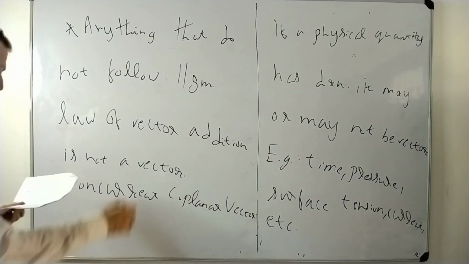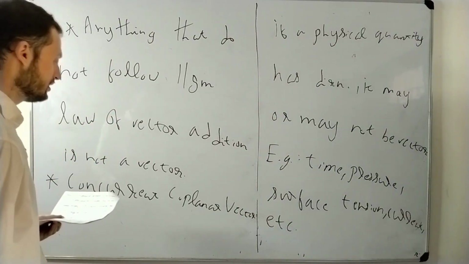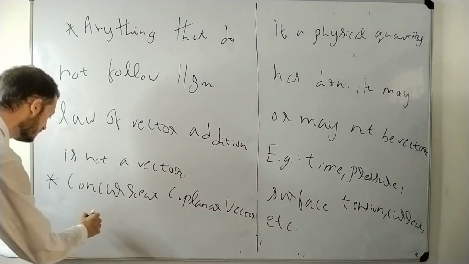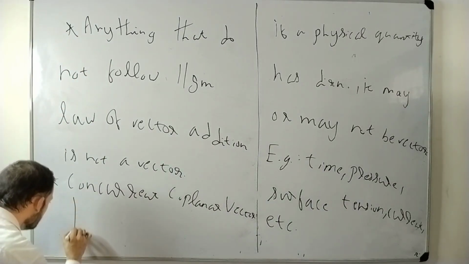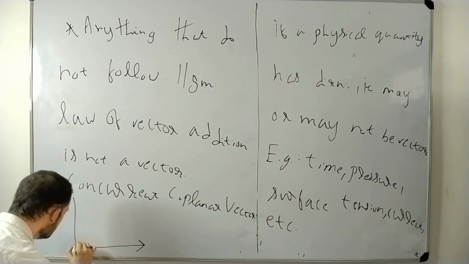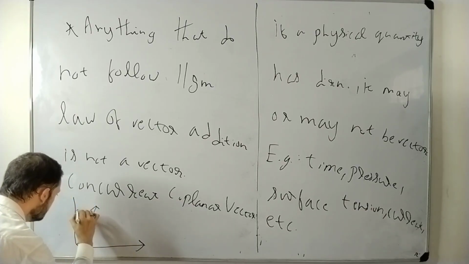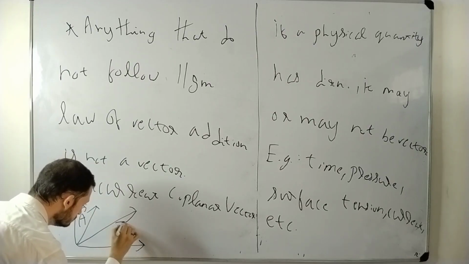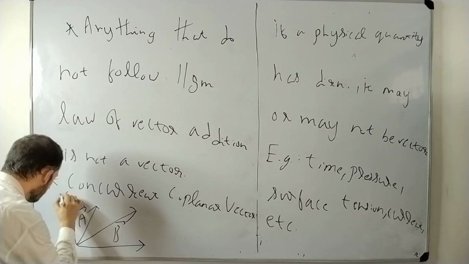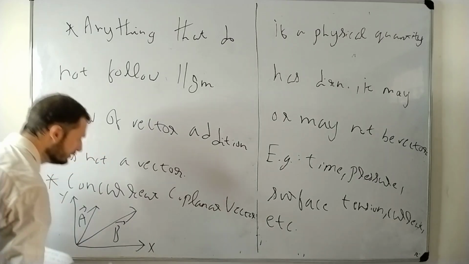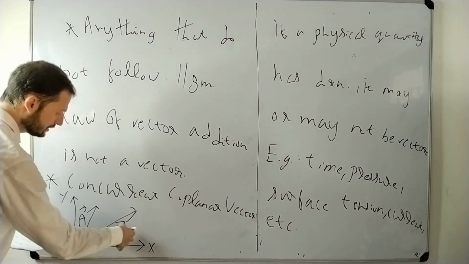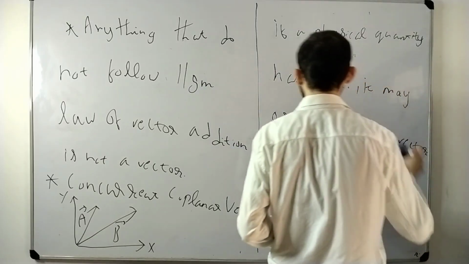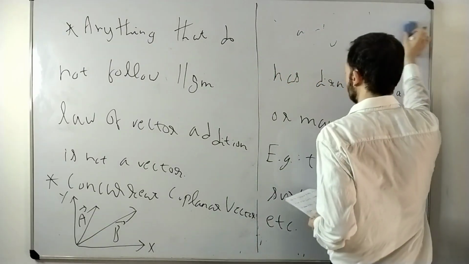Yes, I forgot about it, so we will discuss it here. A vector, and this is B vector. This is the y-axis, this is the x-axis, this is the first plane, the xy plane. Then what should I write?